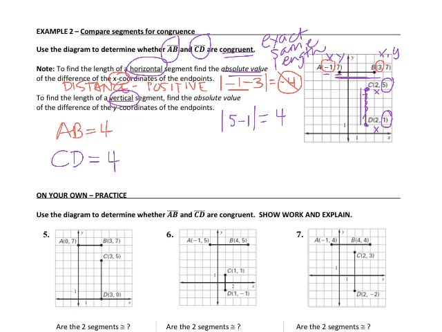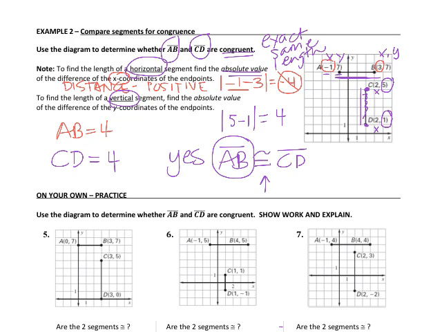So it looks like segment AB, which is horizontal, and segment CD, which is vertical, in this example, are both the same. So we can say yes, AB is congruent to CD. And that is how we write it. Remember, this is the symbol for congruent. Remember, this is the notation for writing a symbol. So you can answer that yes.